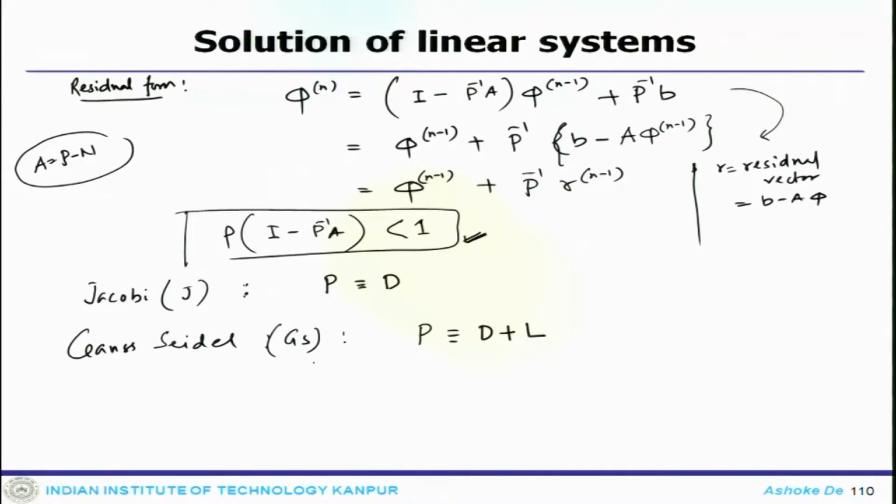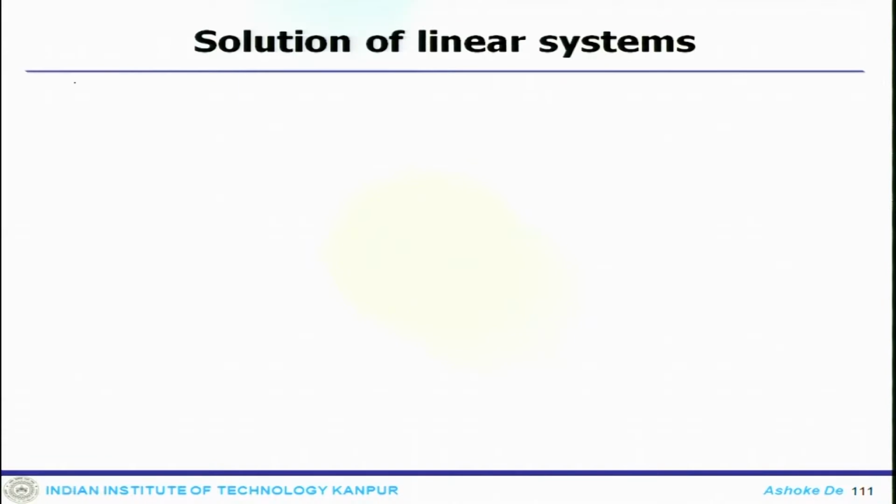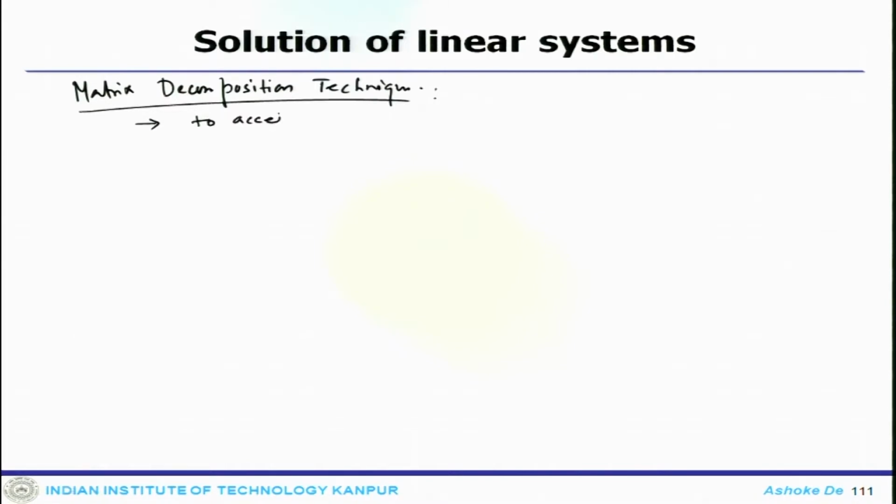Now, the other thing one needs to know is the matrix decomposition technique. Why do we need to decompose the matrices? The reason is that one can accelerate the convergence rate of the iterative process.